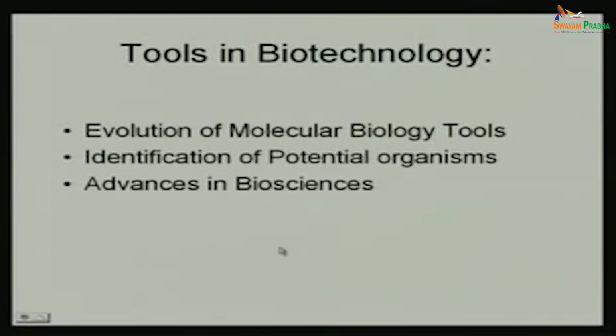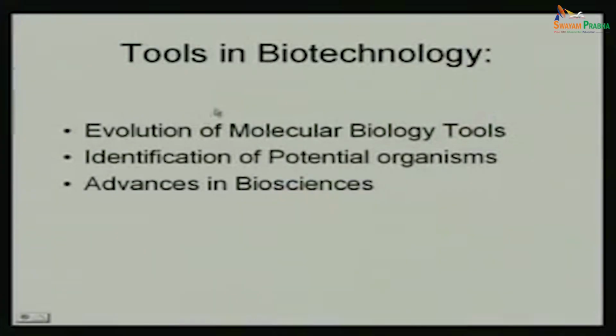Now, these technologies are also applied to the animal system too. When we are talking about the tools in biotechnology, we can find that genetic engineering is one such important tool which is playing an active role as far as today's biotechnology is concerned.